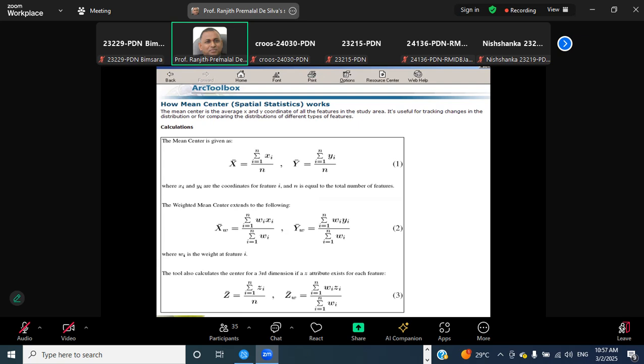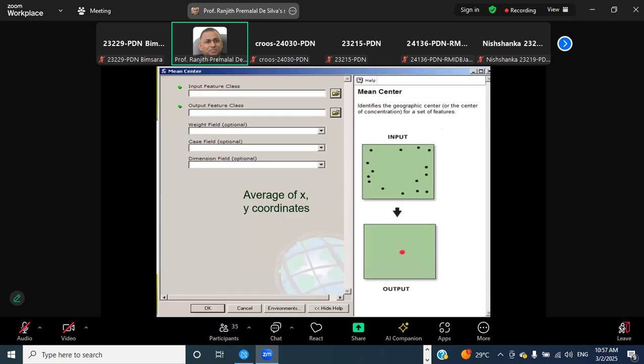We can forget about the Z dimension. If you have any other dimension, we can get the weights as well. If you go to the earlier version of ArcView, you can give the input as the point file, and then it calculates the mean center. You can also give a weight field, so it will calculate the weighted average.